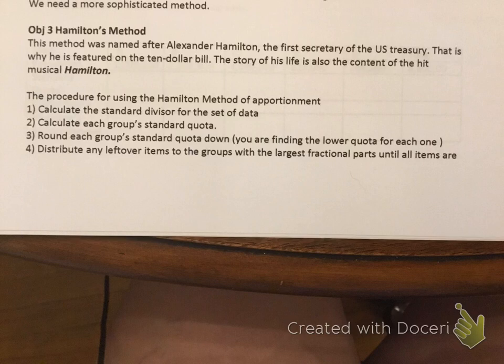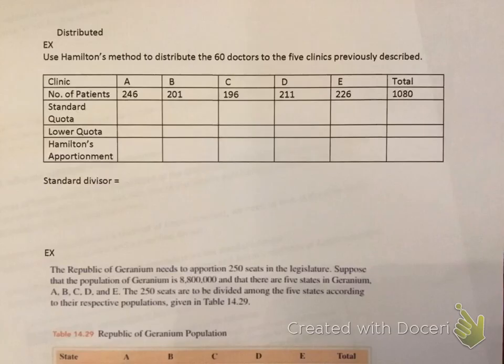And then we're going to round down, so we're going to take that lower quota and use it. Then, this is what's different. You're going to distribute any leftover items to groups with the largest fractional parts until the items are equally distributed.